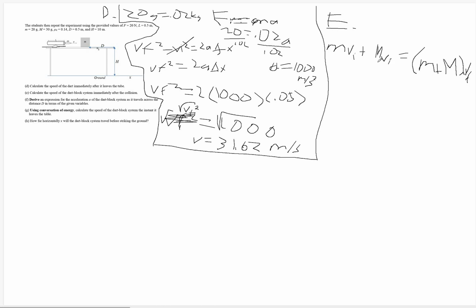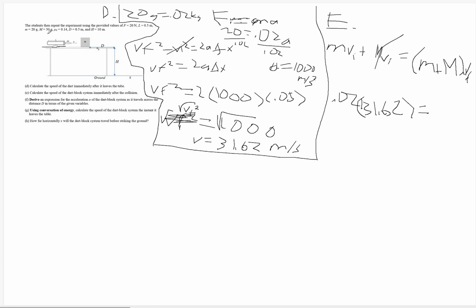All right. So we know that the block isn't moving, so immediately we can cross this out. And then we're given the mass of the dart, 20 grams or 0.02 kilograms. And then for velocity, we use the initial velocity we just calculated, which is right here, 31.62. So parentheses 31.62 is equal to.